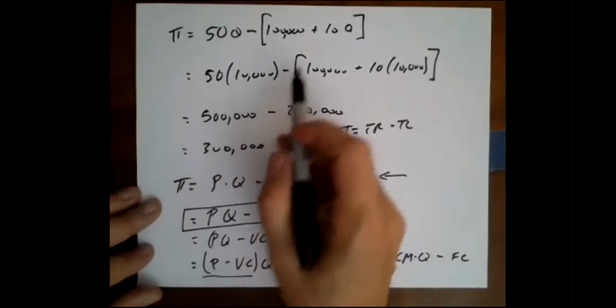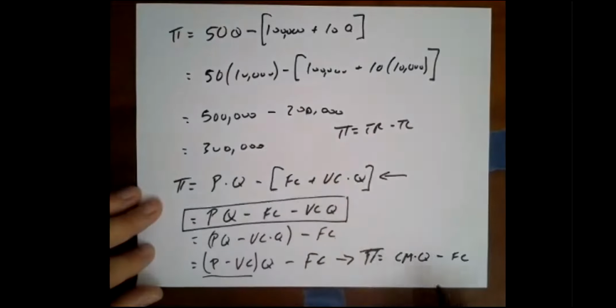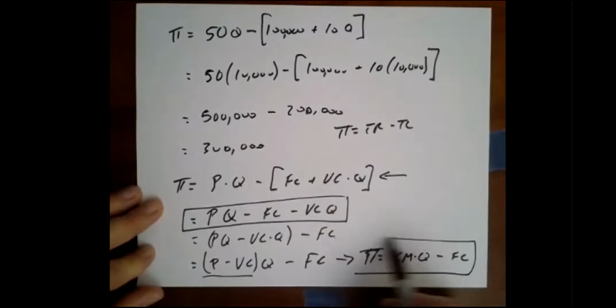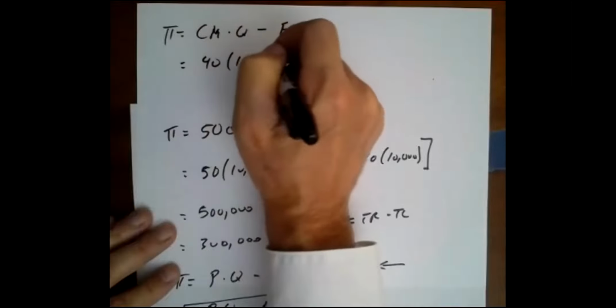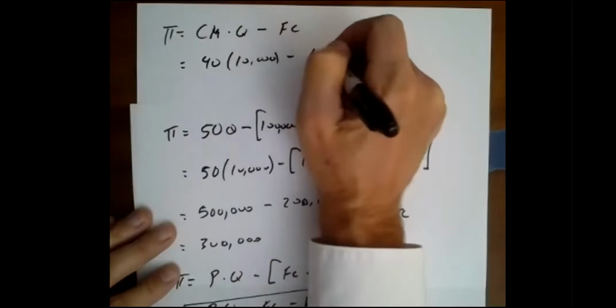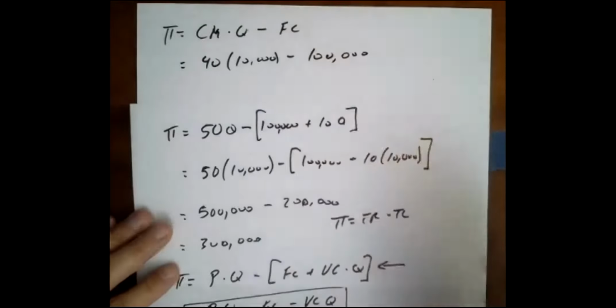So the lab with 10,000 visits, we could use this formula for the lab. We could say, hey, profit equals contribution margin times quantity minus fixed cost. We know the contribution margin is 40, quantity is 10,000, fixed cost is 100,000.